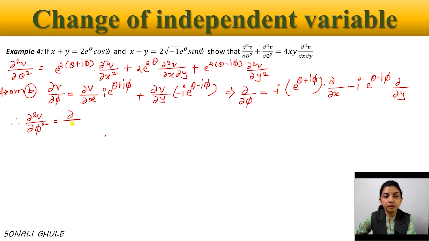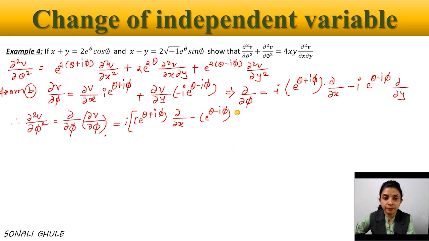So this I can write dou by dou phi into dou v upon dou phi, that is equal to what we can write? The value for dou by dou phi, this we have right here. Okay. So if I take i common, that is e to the power theta plus i phi dou by dou x minus e to the power theta minus i phi dou by dou y, into v with respect to phi.